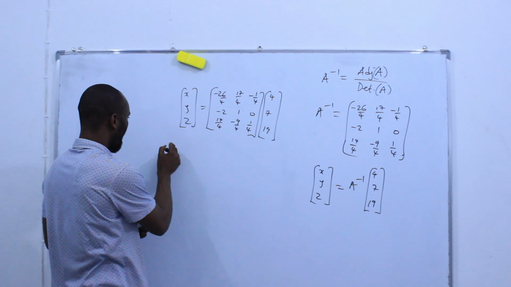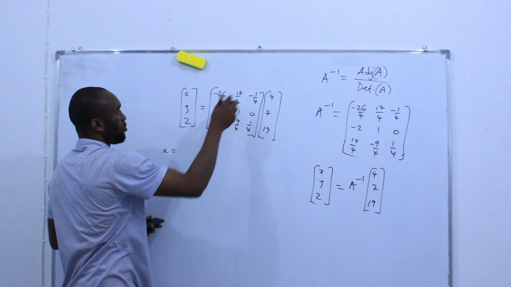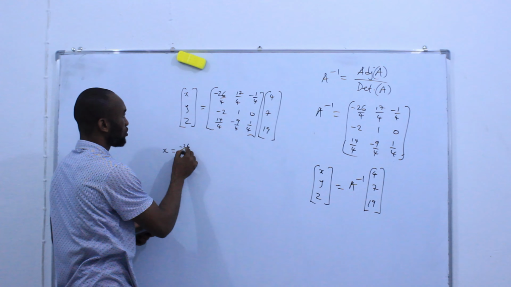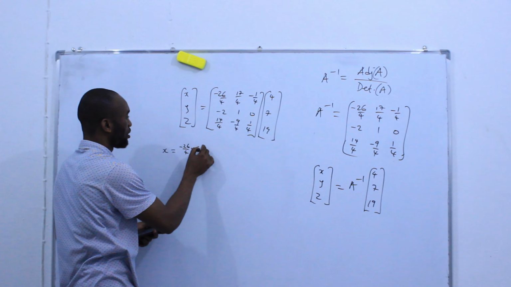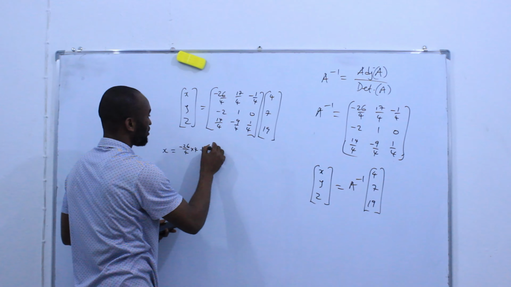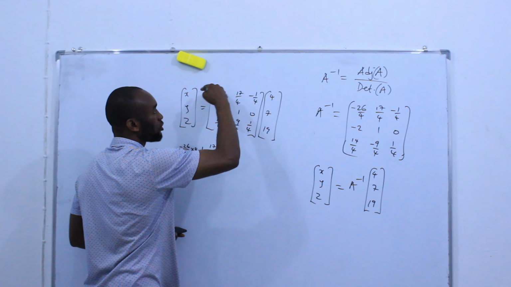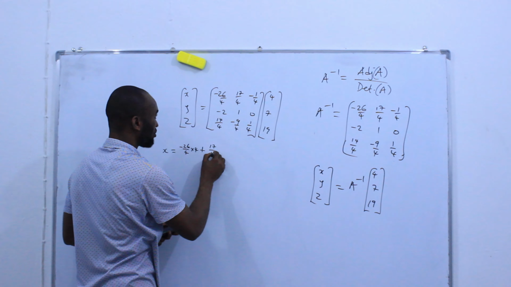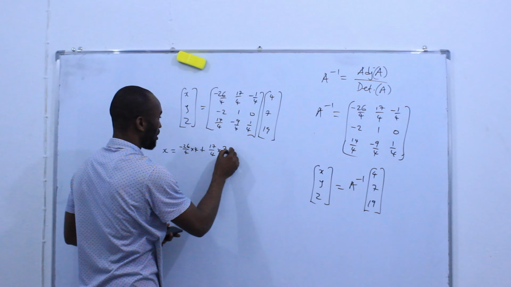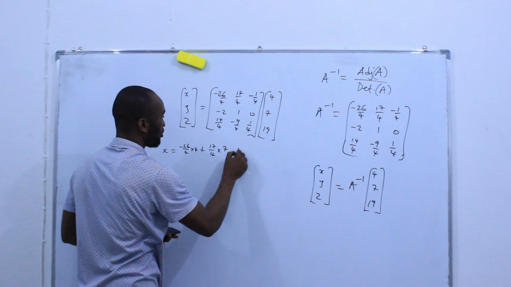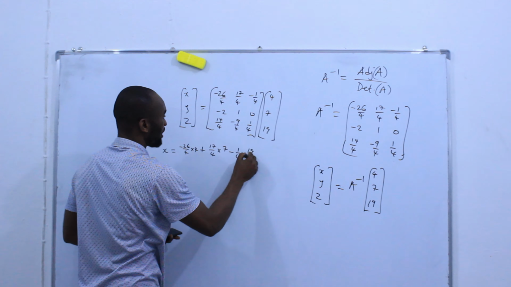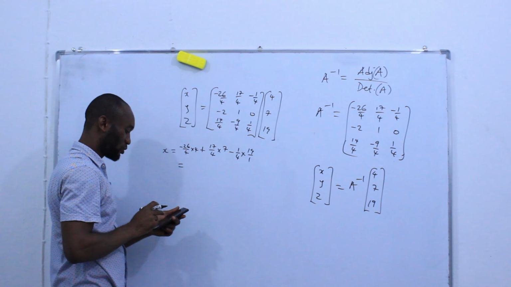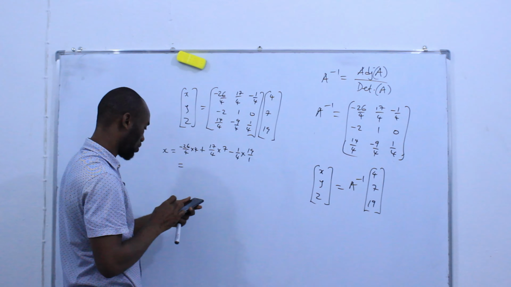So we multiply. Our x becomes minus 26 over 4 times 4, plus 17 over 4 times 7, minus 1 over 4 times 19. We use the column vector to multiply the row to get our x. Let's quickly solve.